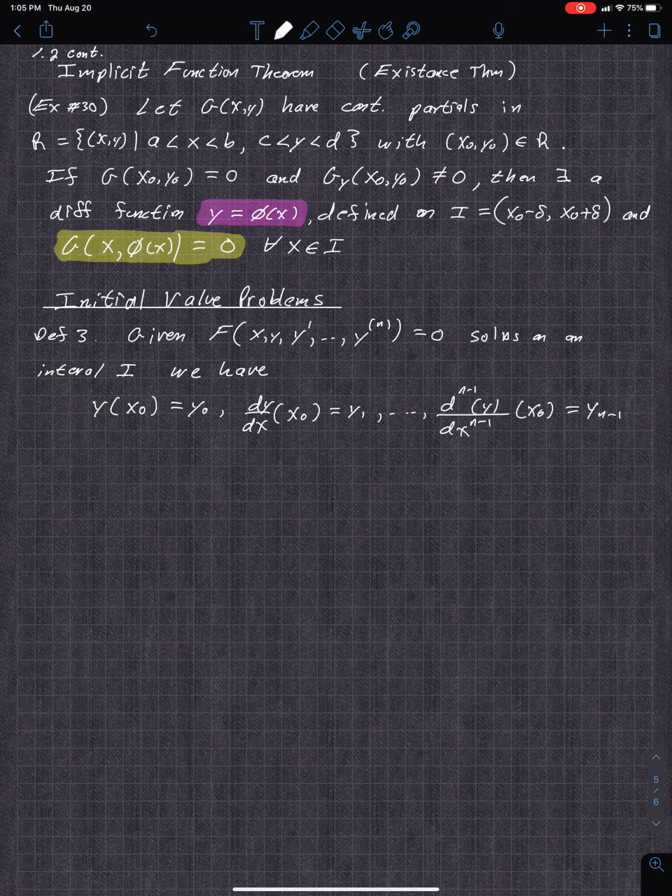So we have all those different initial conditions where x naught is in I and y naught through y sub n minus 1 are given conditions. Right, and that's what we mean by initial condition or given conditions. Like you say, this is where we're starting. So that's how it's defined.